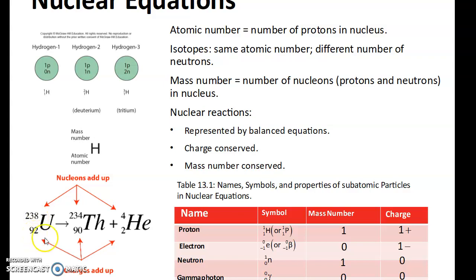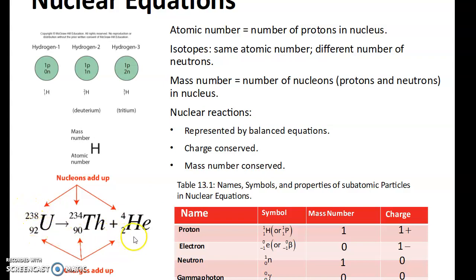This changes, so it loses 2 protons, and this goes down by 4. So it's losing 2 of the neutrons as well. That's why this is 4 up here: 2 neutrons plus 2 protons to give you this material right here. So the number of protons adds up down below.